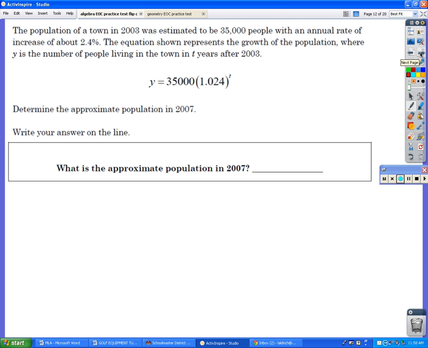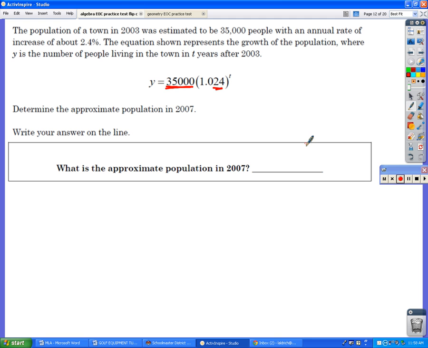All right, next one. The population of a town in 2003 was estimated to be 35,000 people, so that's where this number comes from. That's the number of people that you're starting with, with an annual rate of increase of about 2.4%. And that's why this has a 2 and a 4, because of the 2.4%.